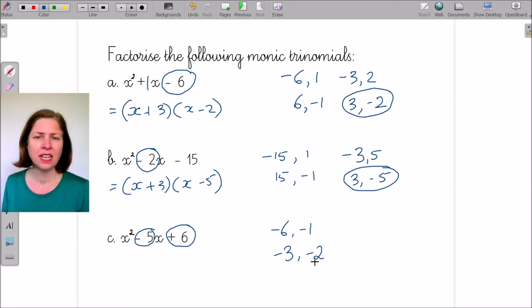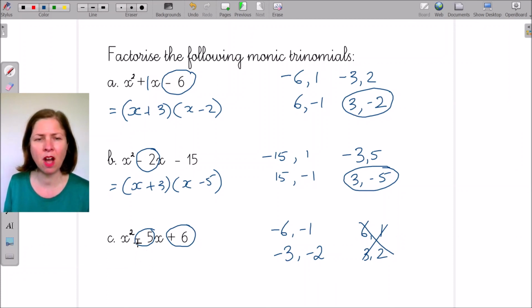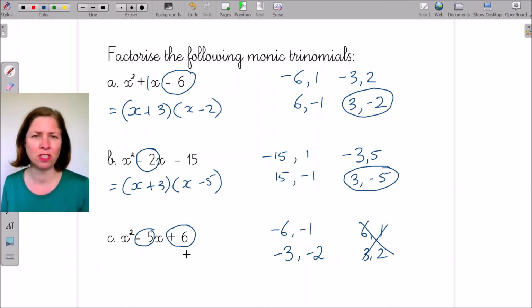Now, if you want to, you can still list them all, 6 and 1, and 3 and 2, but I know in advance that I'm not going to need these because they will always add up to a positive number, and I'm looking for a negative number. So I'm only going to list the negative pairs. But it's really important to remember, even though we didn't look at this in our first examples, that when my last term is a plus, that can be two negative numbers multiplied together, like these.